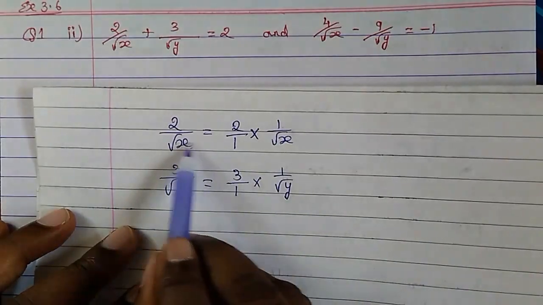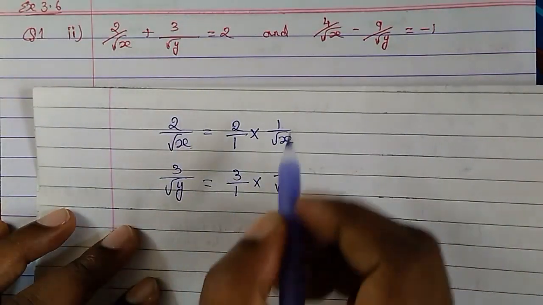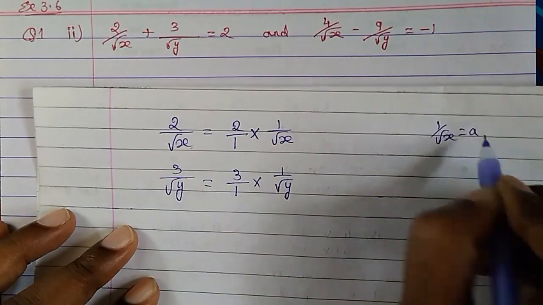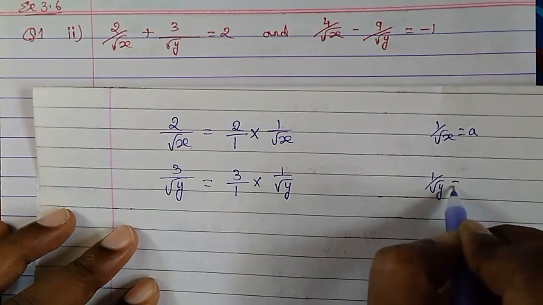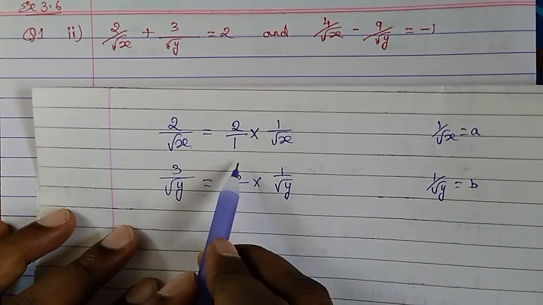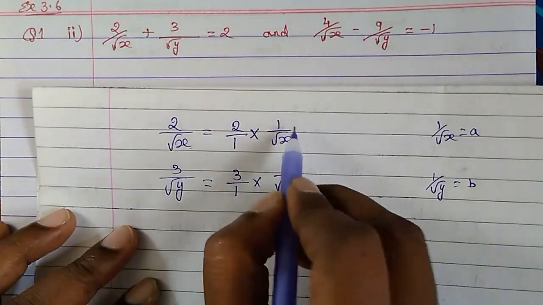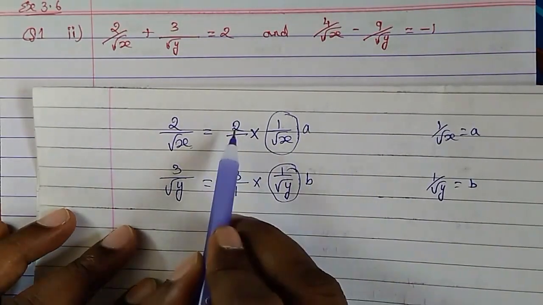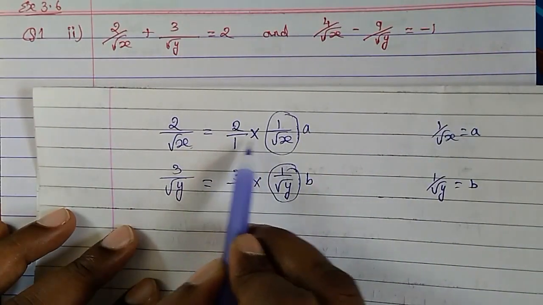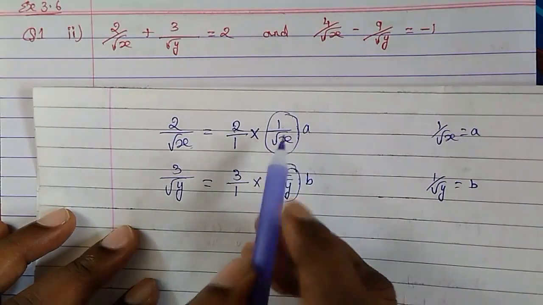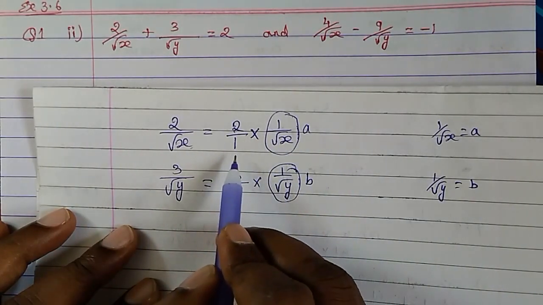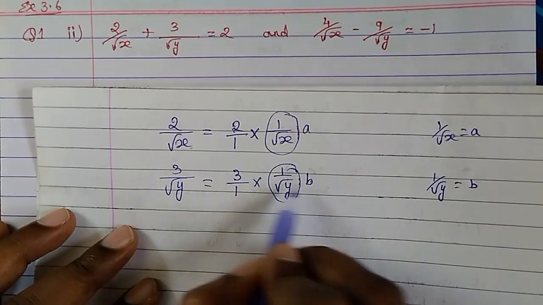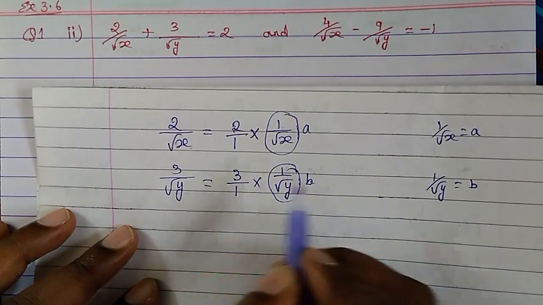If we keep 1 upon root x as a, and 1 upon root y as b, then this will become a, and this becomes b. Now when multiplying, 2 upon 1 into a will give us 2a, and denominator 1 has no value. Same way 3 into b will give us 3b, and denominator 1 has no value.